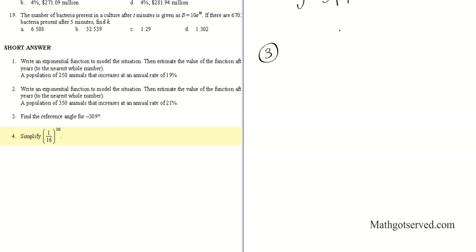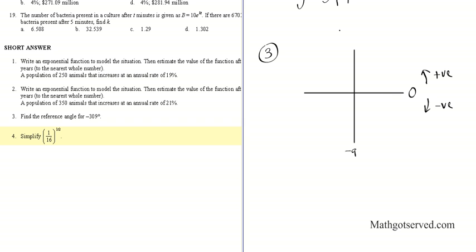So let's go ahead and graph negative 309 degrees. Now you remember that when the angle is positive, you go counterclockwise. If the angle is negative, you go clockwise. Since this is negative 309, we're going to be going clockwise.